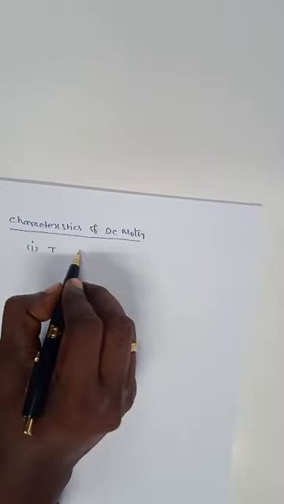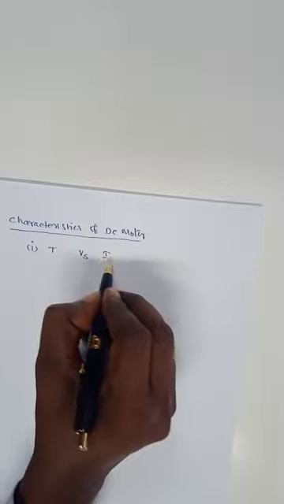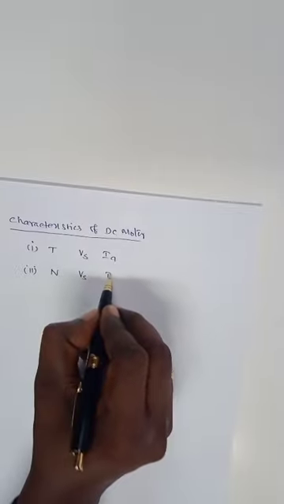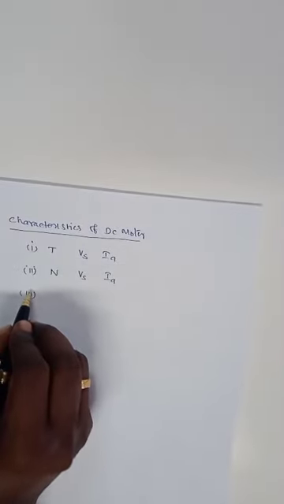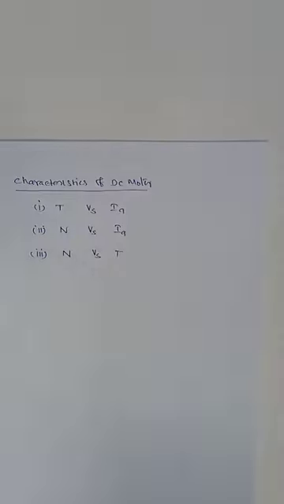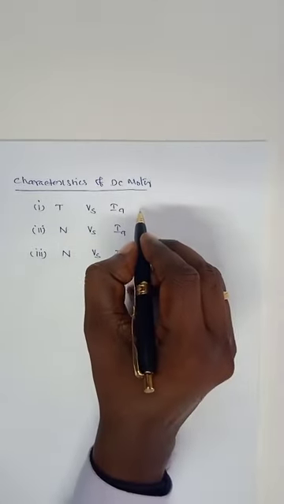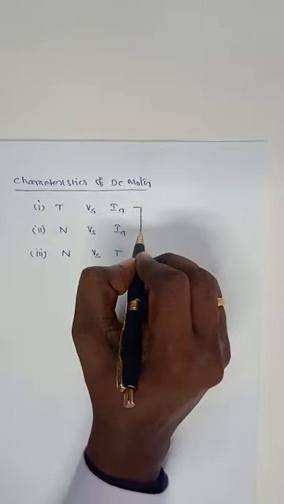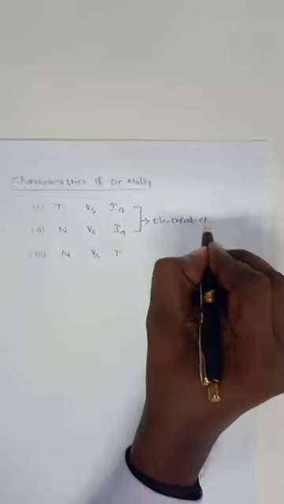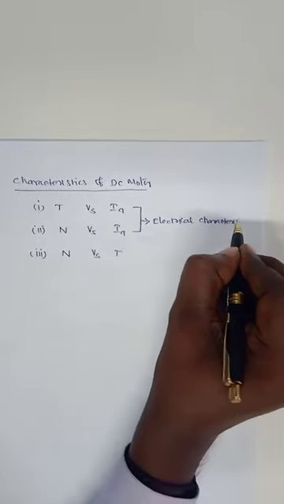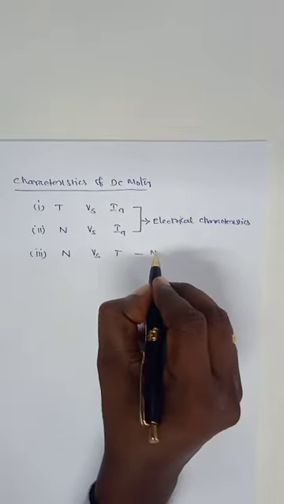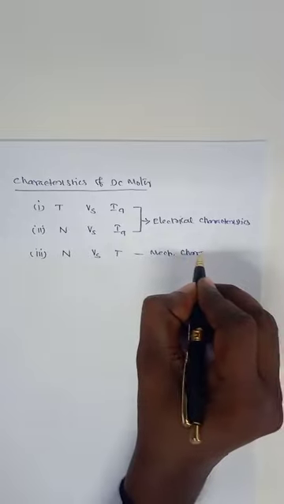First is torque versus Ia, second is speed versus Ia, and third is speed versus torque. Torque versus Ia and speed versus Ia are called electrical characteristics. Speed versus torque is called the mechanical characteristic.